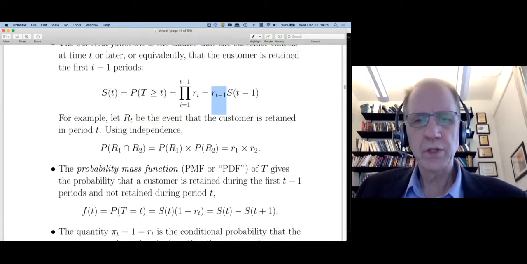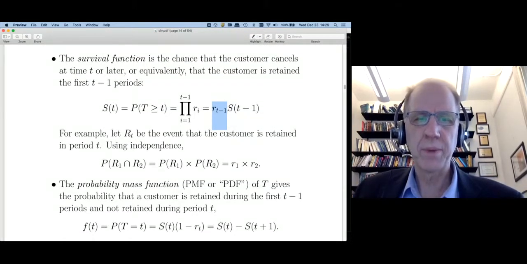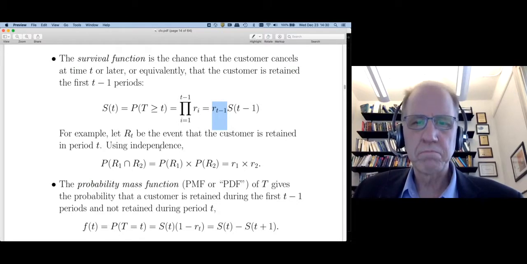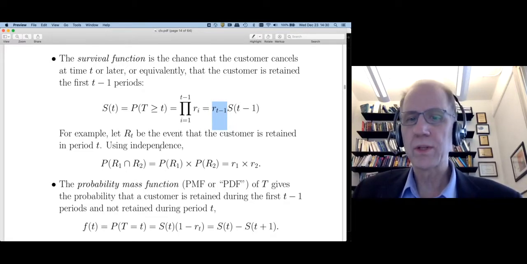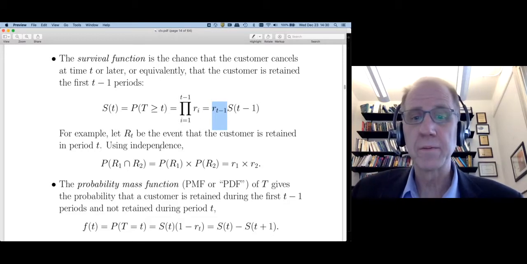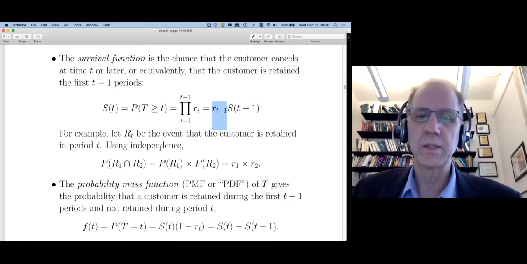The next function that we care about is the probability mass function. Survival analysis, I'm going to say, probably deals with continuous functions more than discrete functions. And so often in software, this gets labeled the PDF, assuming a continuous density.